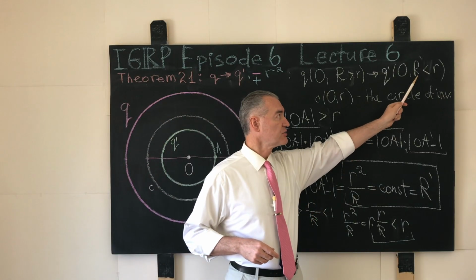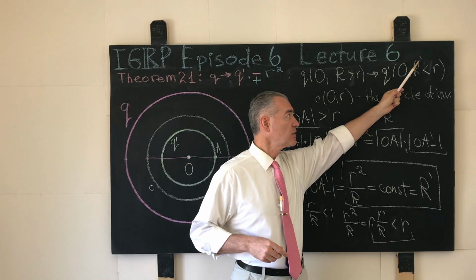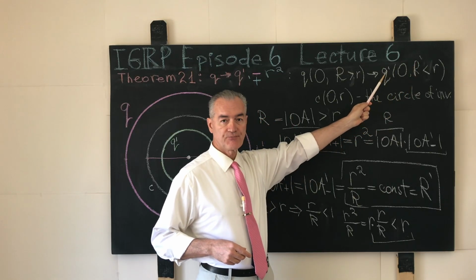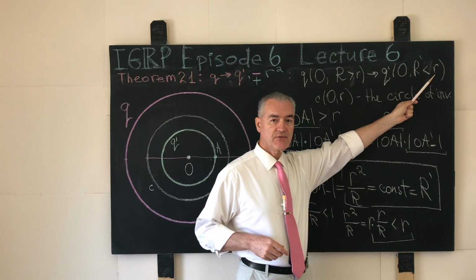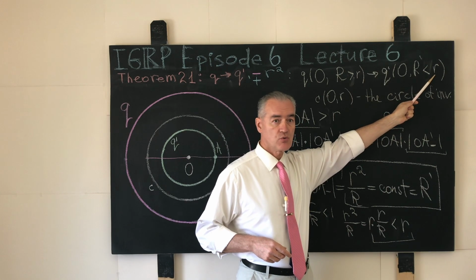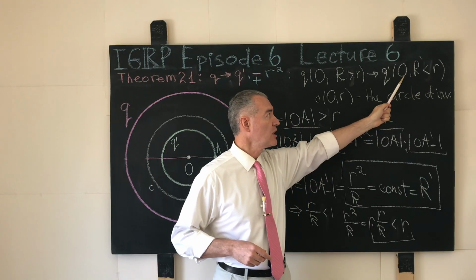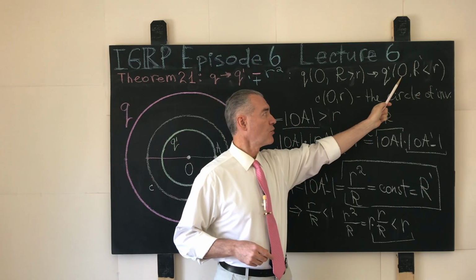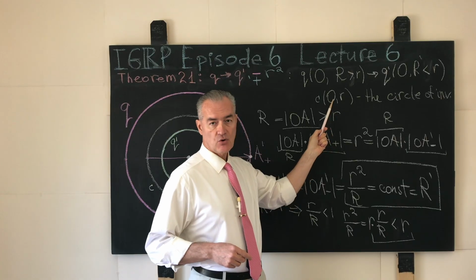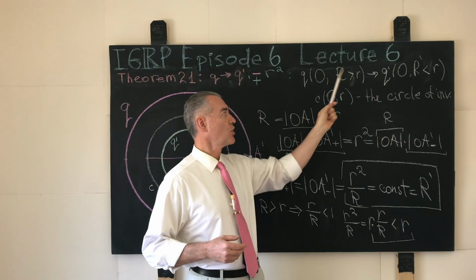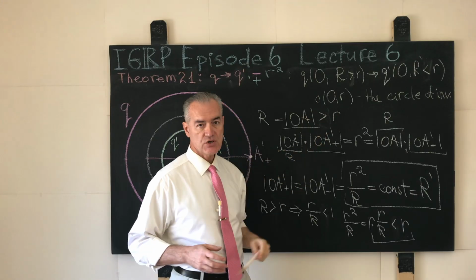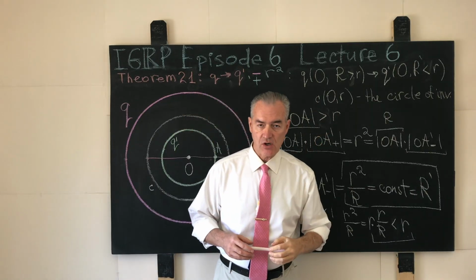In other words, the radius uppercase R prime of our image circle Q prime will be strictly smaller than the radius of inversion lowercase r, and again O, the center of inversion, designates the center of all the circles. In other words, all three circles in question in this case are concentric.